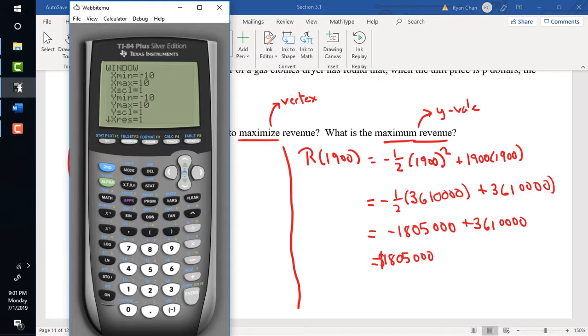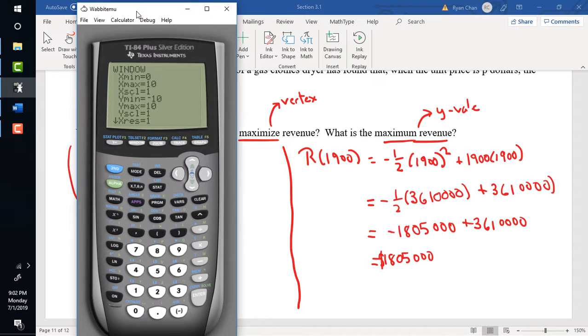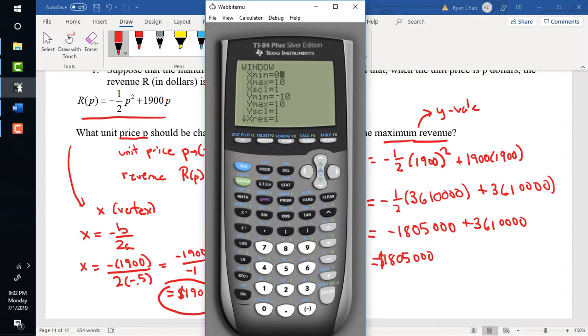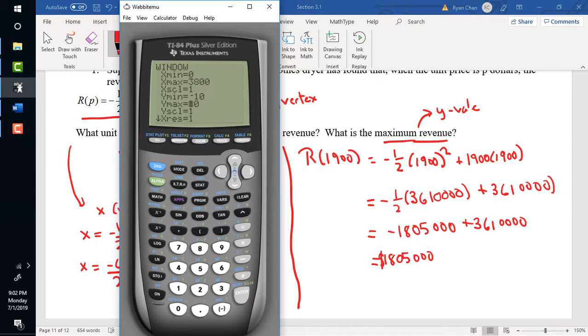Okay, so let's think about this here. Since my vertex is at 1900 for x, I'm probably going to double my x max. It's probably going to be like 3800, right? Because 1900 is technically the halfway point. And then my y max, let's take a look at this here.